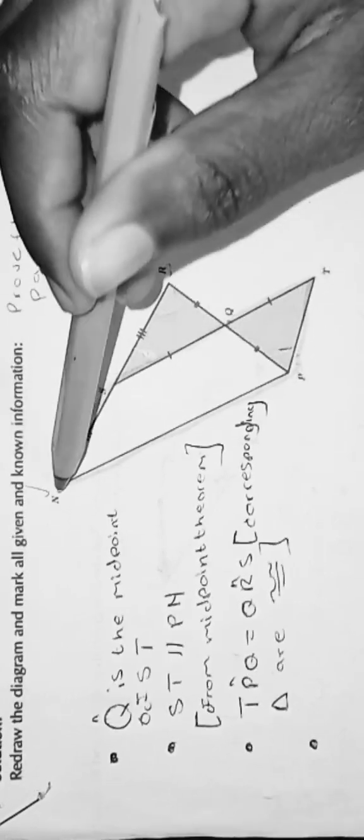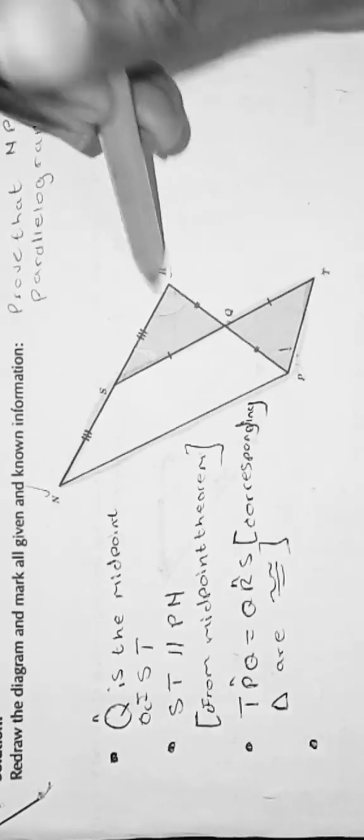Because I have proven that this R is equal to this P. So I can see that if this one is equal to this one, which means that NR is parallel to PT.